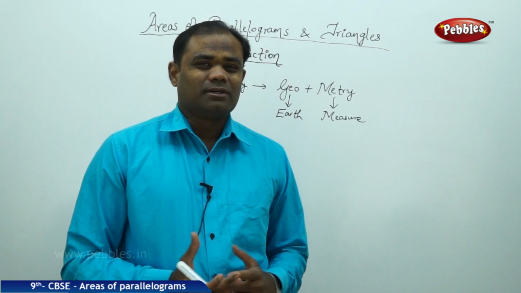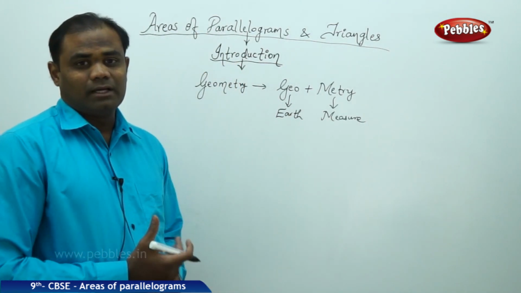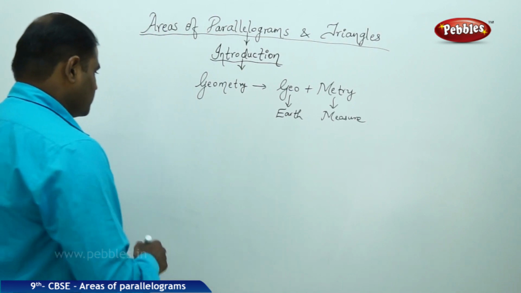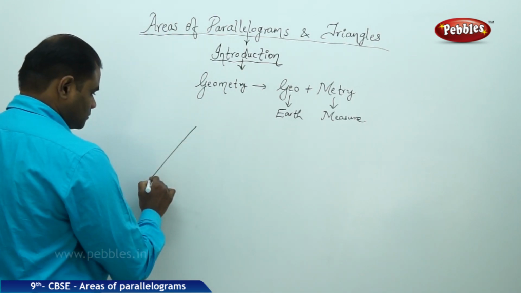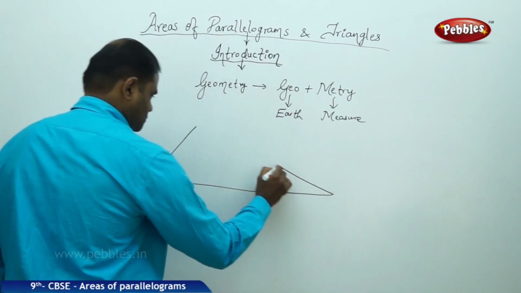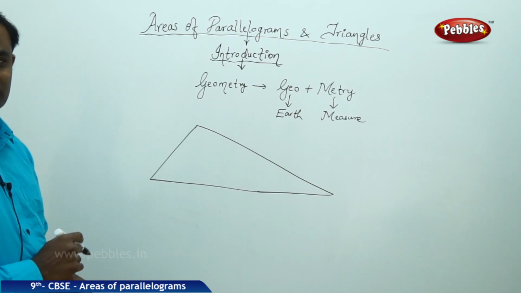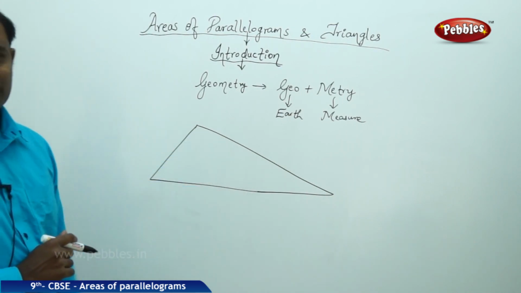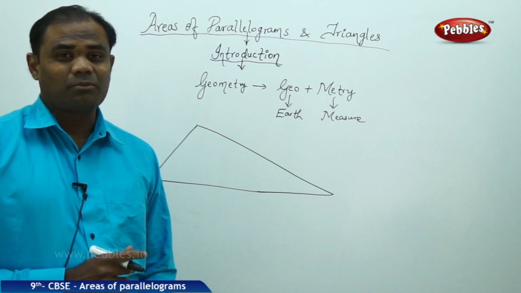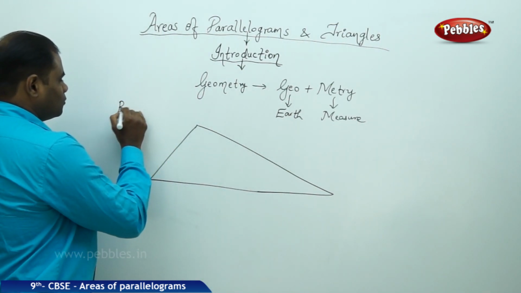To continue, imagine I have an agricultural field which is triangular in shape. Imagine this is my plot of land which I want to divide equally among three people. For example, say Budhia was a farmer.